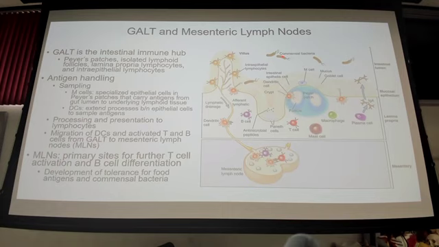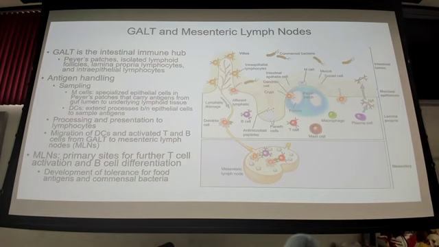We have a barrier functioning with this mucosal epithelial layer, separating out the gut with a nice tight barrier so your gut contents don't leak into the rest of your body. The lamina propria is a connective tissue that is packed full of different immune cells, and we'll go over that in just a second. And then that mesentery, of course, is the organizational part. In the peritoneal cavity, the mesentery would be the outside of that peritoneal cavity.